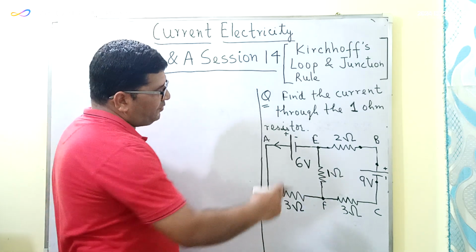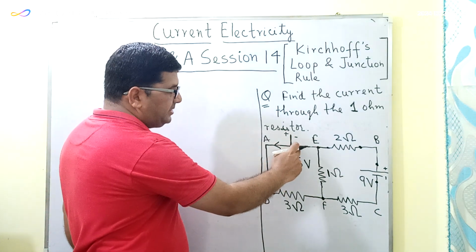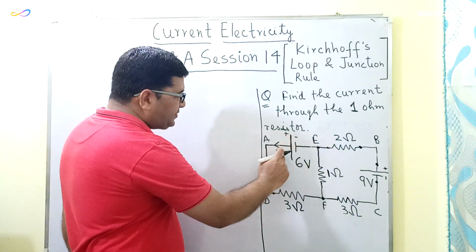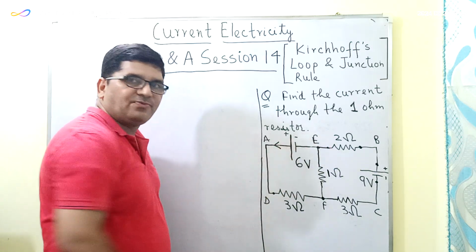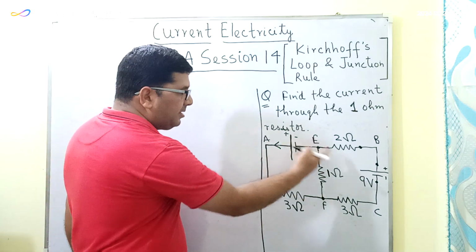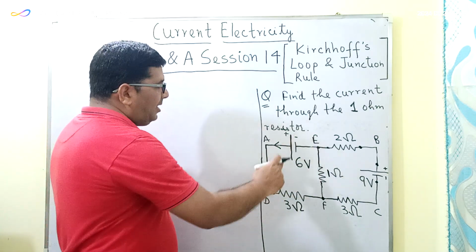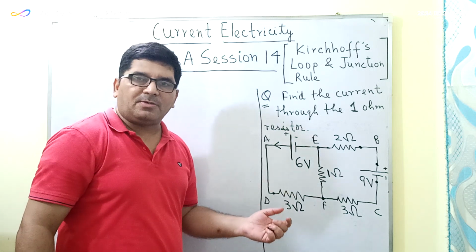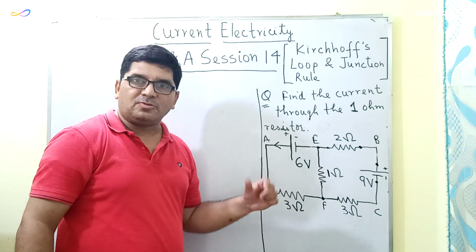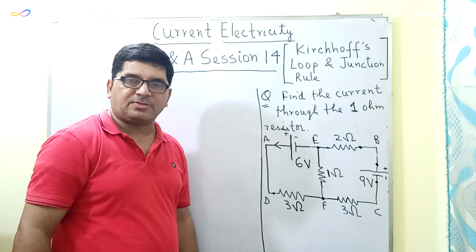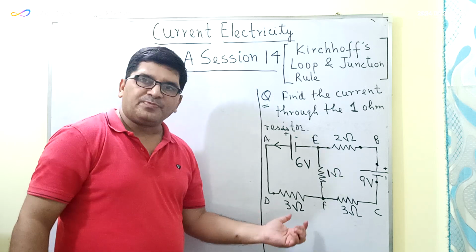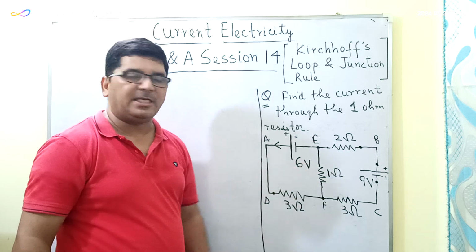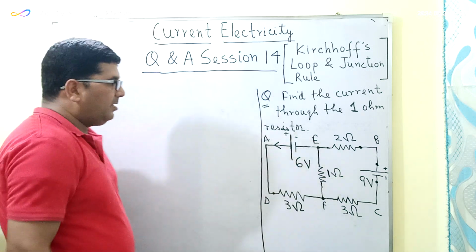We can also take the direction of the flow of the current opposite to this direction which we have taken. It can be taken in the opposite direction also. And if the direction of the current selected by us is wrong, or opposite to the actual direction of flow of the current, then the numerical value which we will get will be accompanied by a negative sign.